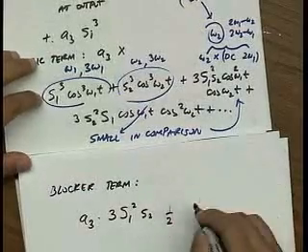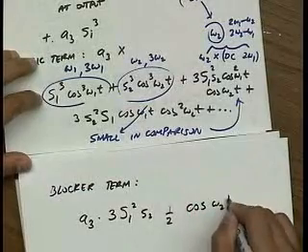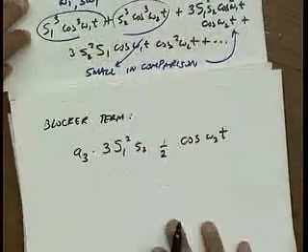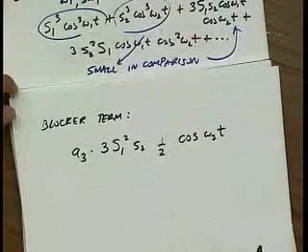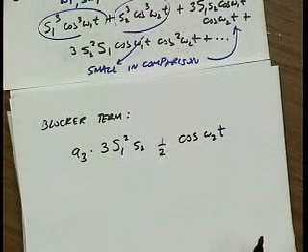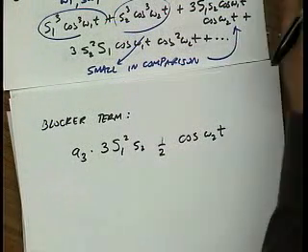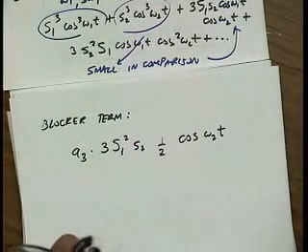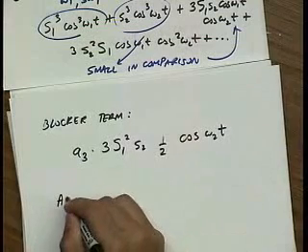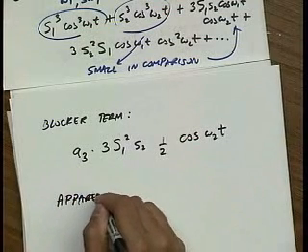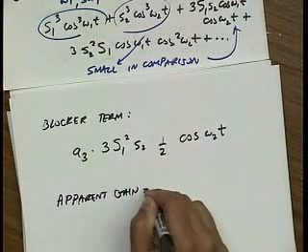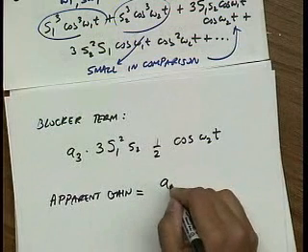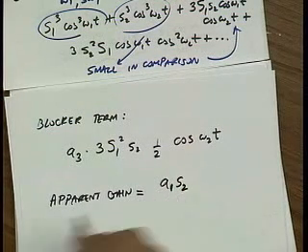So this all appears at cosine omega 2t. So now I can write my apparent gain. My output is equal to, let's say, A1 times S2, right?